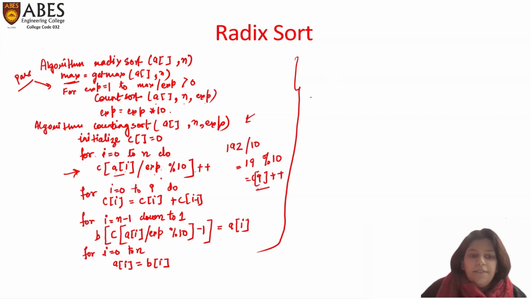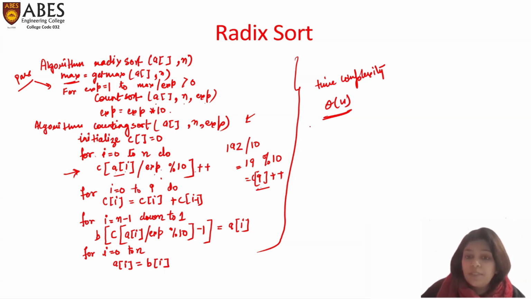Now, as we have seen, the time complexity of the counting sort algorithm was nothing but theta n. But here, what we are doing is repeating the counting sort algorithm for the maximum number of digits that are there in the input.